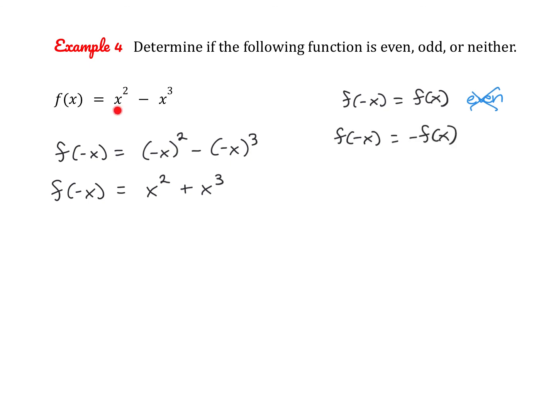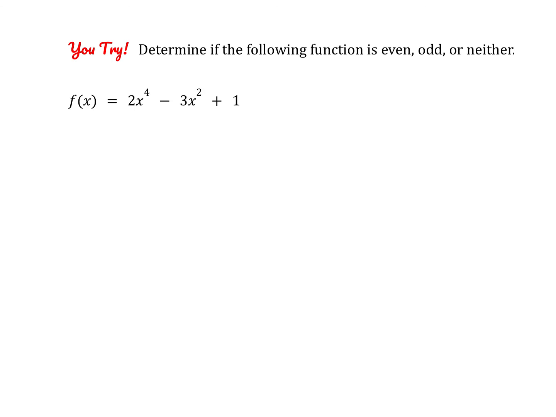You'll see here that this part is the same and only this part is opposite. So this one does not meet the qualification for odd. If the entire thing was opposite, maybe if this changed to negative and this changed to positive, we would call that odd. But this does not meet the requirement for either even or odd, so we would call this neither.